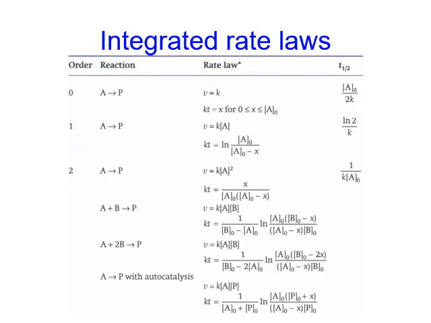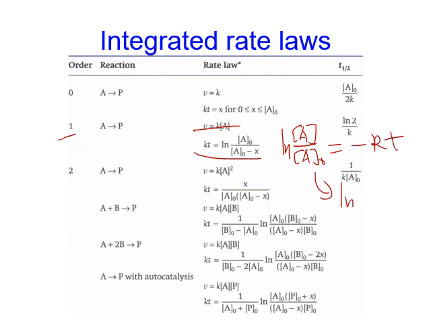Here is a summary of integral rate law. For the first order reaction, the rate law is k[A]. The integral rate law is this one. Now in class, we derived the integral rate law: ln([A]/[A]0) equals negative kt, or ln([A]0/[A]) equals positive kt.